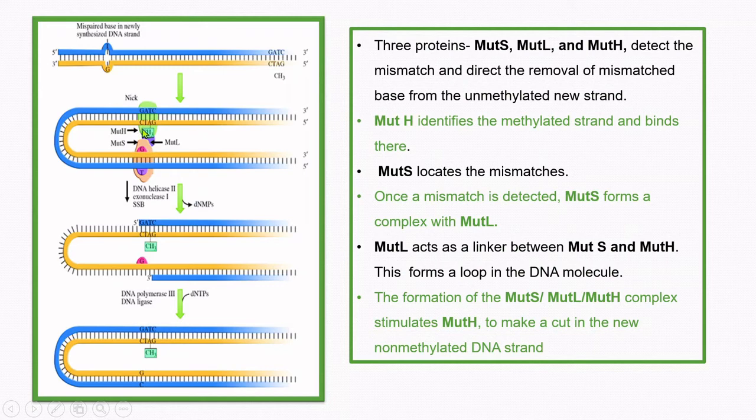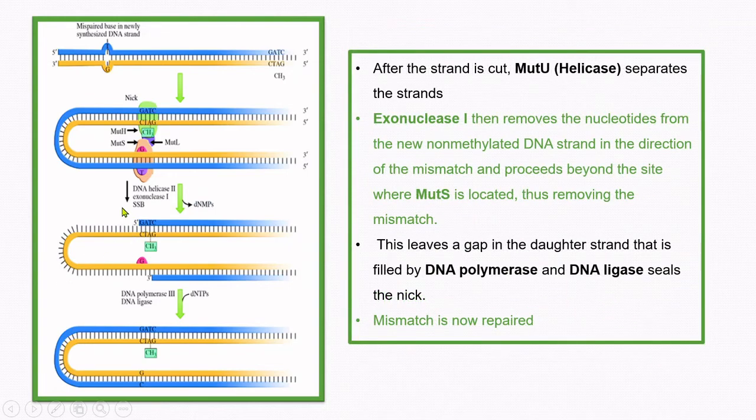So MutH will make a cut in this blue strand, and after the strand is cut, MutU, which is not shown over here, separates the two strands, and now the enzyme exonuclease I will remove the nucleotides from the newly formed non-methylated strand in the direction of the mismatch.